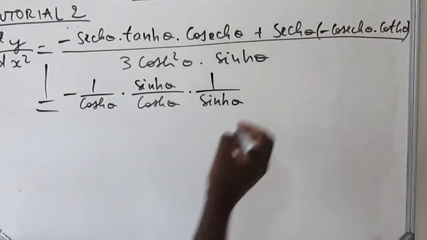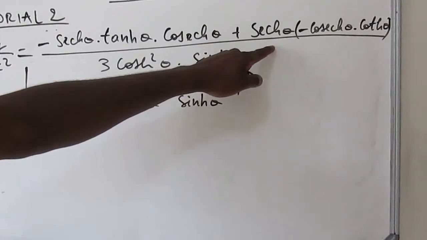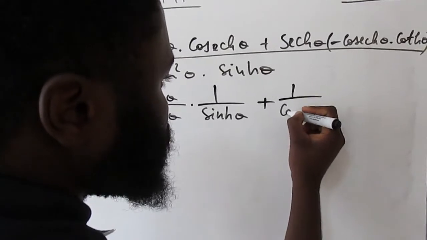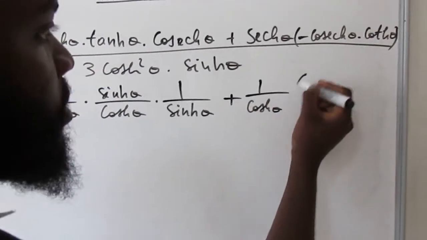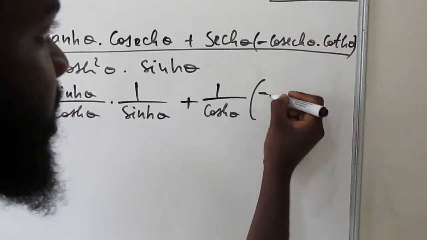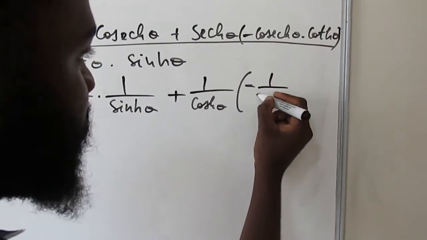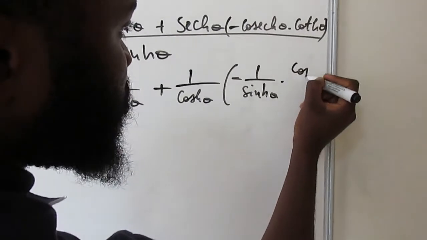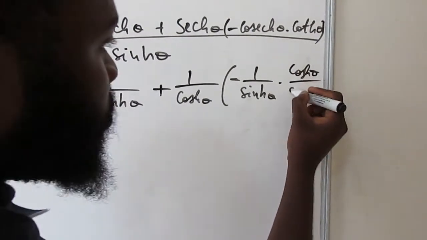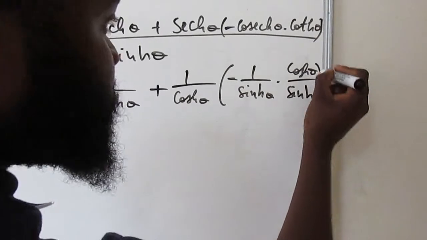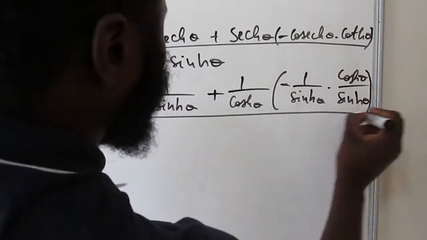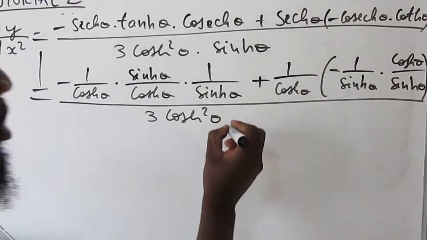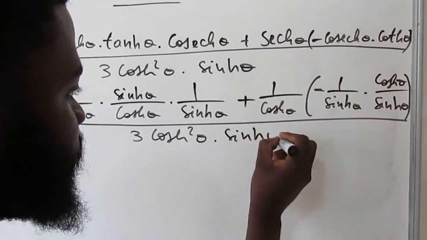Then plus this side as well. It's 1 over cosh of theta, and inside here is negative 1 over sinh of theta, and cot is cosh of theta over sinh of theta. All of this over 3 cosh squared of theta multiplied by sinh of theta.